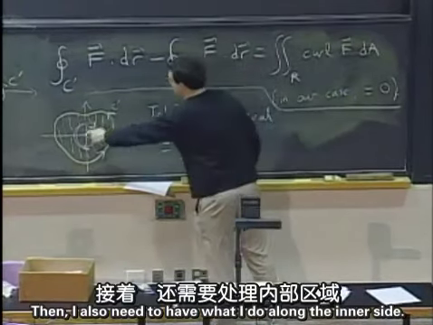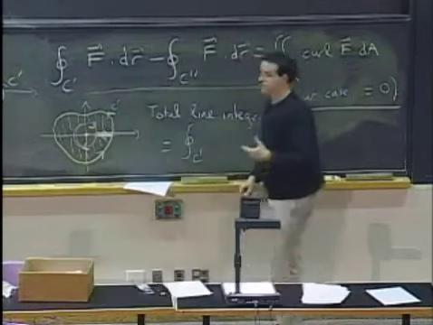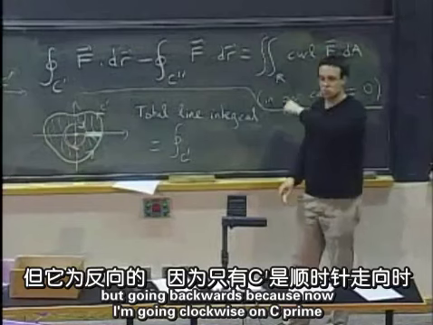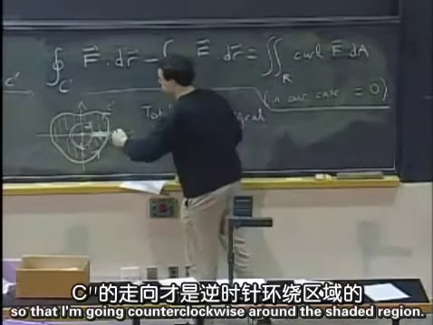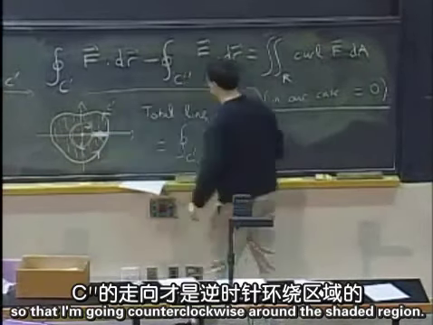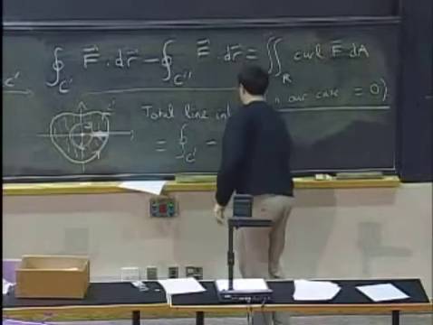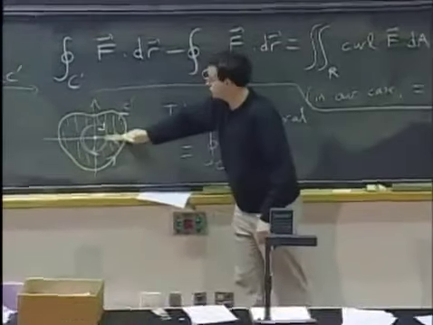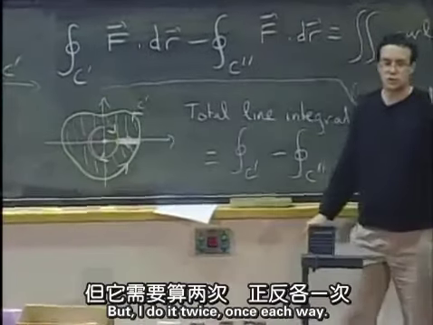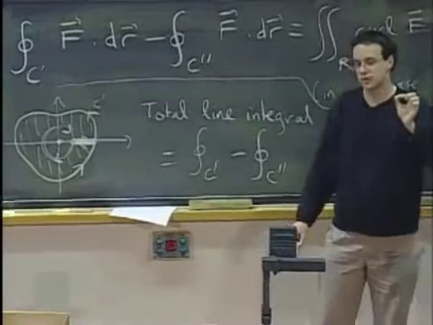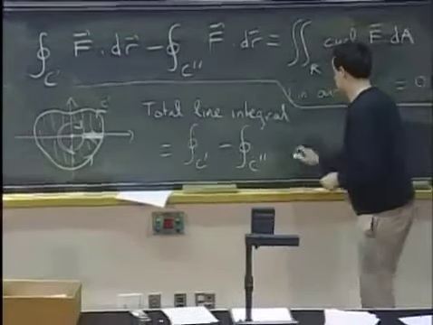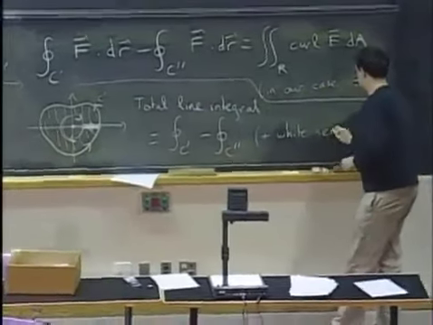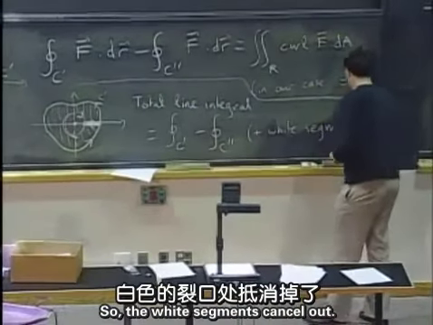Then I also need what I do along the inner side, and the inner side is going to be C double prime, but going backwards, because I'm going clockwise on C prime, so that I'm going counterclockwise around the shaded region. Plus, of course, there would be contributions from the line integral along this white segment, but I do it twice, once each way, so they cancel out. So the white segments cancel out.